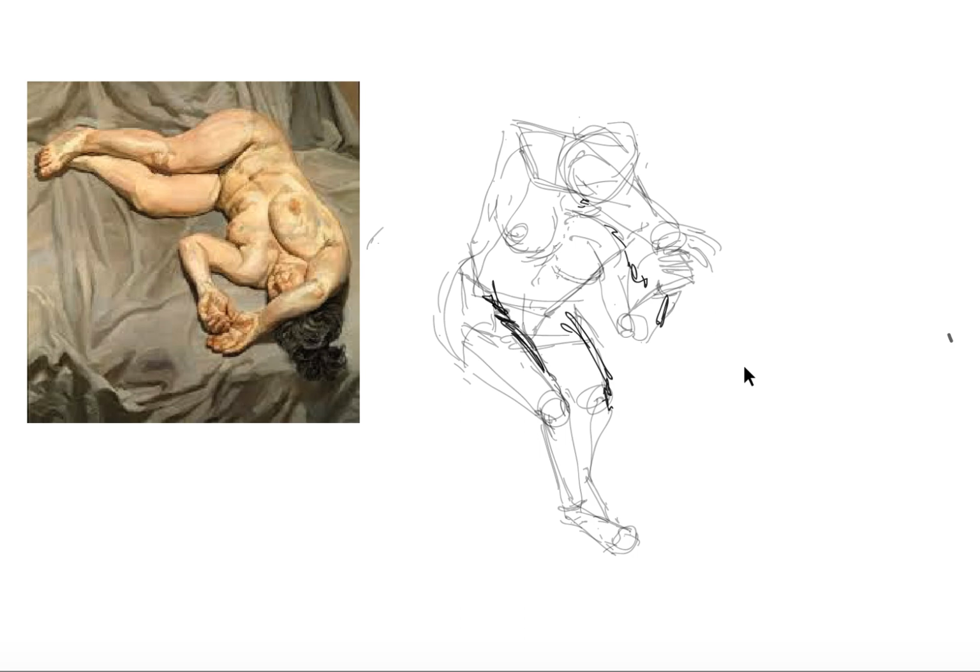Again, at this point you can begin to realize this arm has a degree of confusion to it, and that's largely because the tonality of it disappears. So again, that line here would have a little bit more strength, that would come towards us, that would help us bring that structure into space.